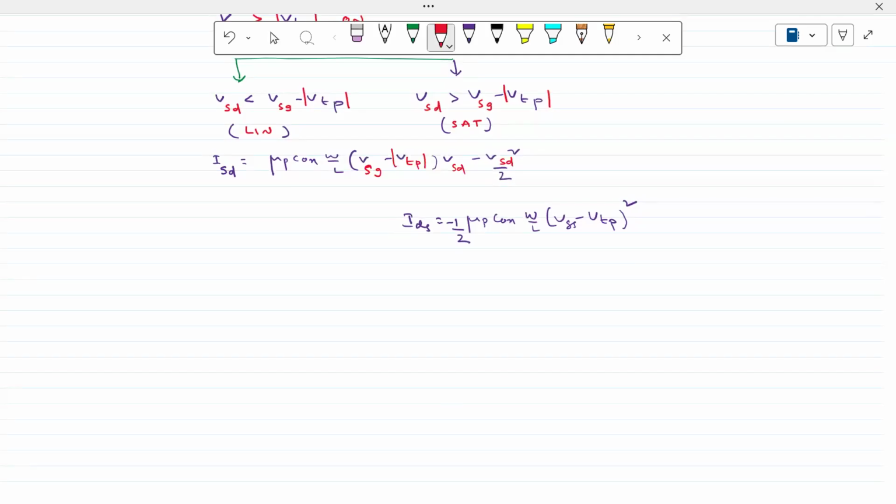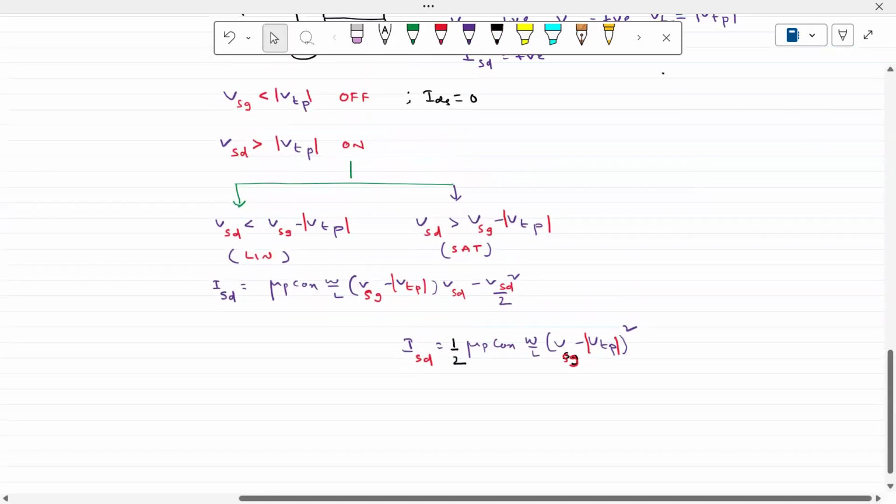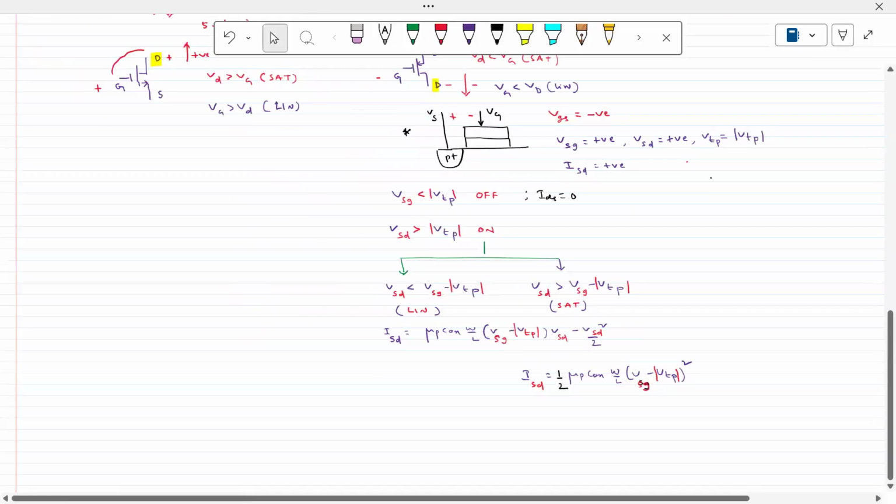Now what about this? VSD is a positive quantity. Is also VSG. It's a positive one. It is similar to what we have seen for the NMOS case as well, right?